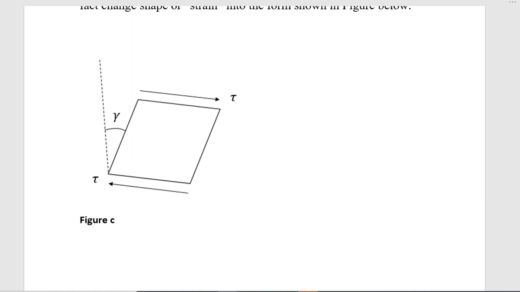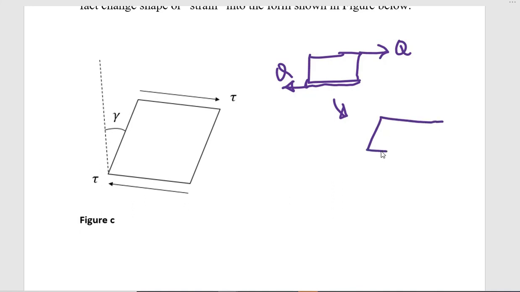For example, you look at this, we are saying if those forces continued acting, what will happen later on if the shear stresses are built up, then the rectangular shape will actually be lost, and this is what is going to happen.